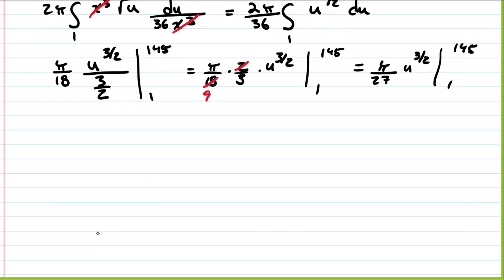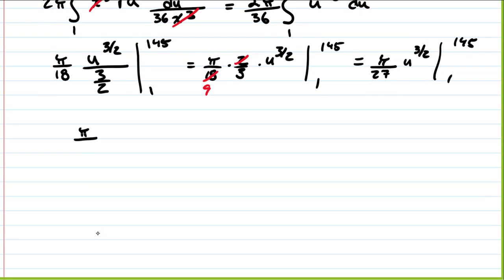So now we do pi over 27, and if we plug in 145, we get 145 to the 3/2 minus 1 to the 3/2.